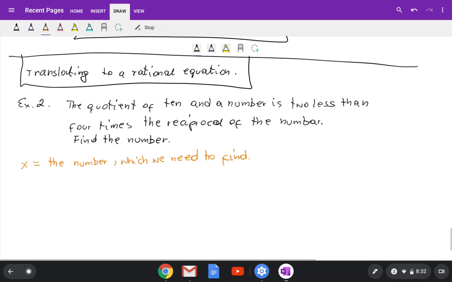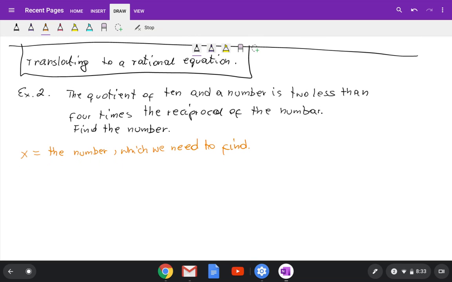Okay, let's start reading. A couple of things. They're talking about the quotient. Quotient means a fraction bar: quotient of 10 and a number. Then, is 2 less than.